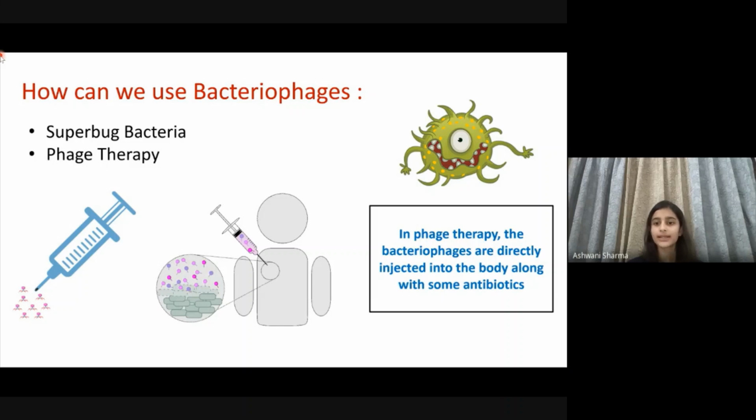Well, the answer to that is the exact reason why antibiotics are also injected into the body along with the bacteriophages. If the bacteria wants to become immune to these bacteriophages, then it has to let down its defenses for the antibiotics. So both ways the bacteria will get killed, whether it's by the bacteriophages or by the antibiotics.